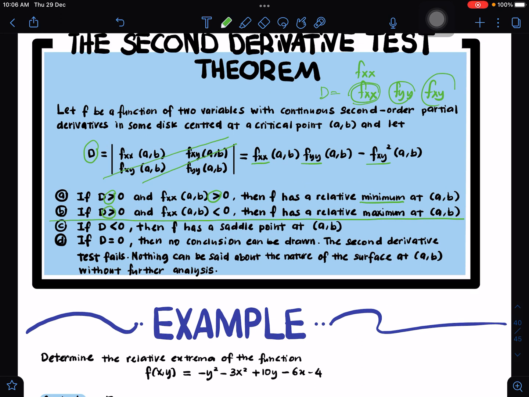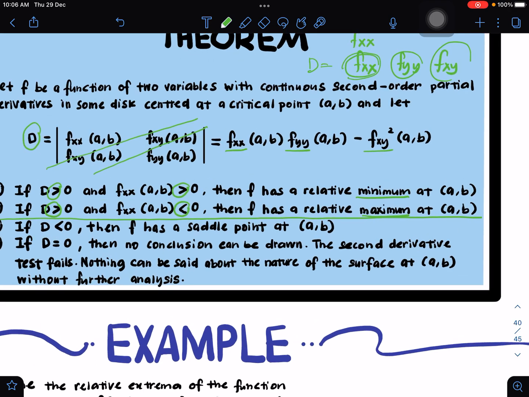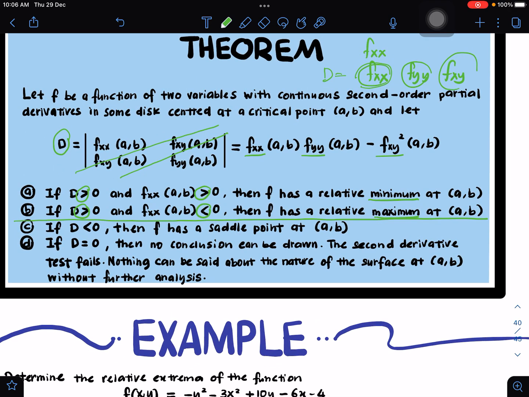D besar daripada kosong, fxx kurang daripada kosong, relative maximum. Kalau besar-besar minimum, kalau besar kecil maksimum. Okay, kalau D kurang daripada kosong, so dia kata kita hanya ada saddle point. Dia bukan maximum, dia bukan minimum, dia adalah saddle point. Not maximum, not minimum. Kalau nilai D yang kita cari ni kurang daripada kosong.